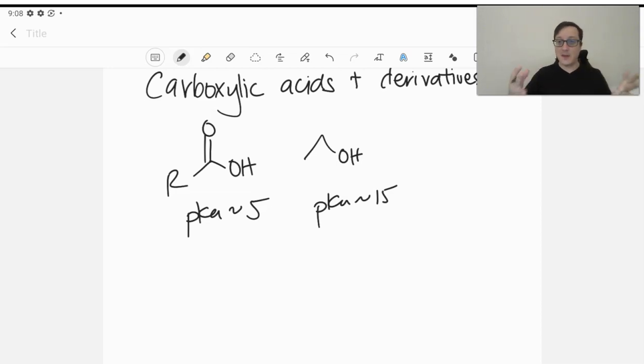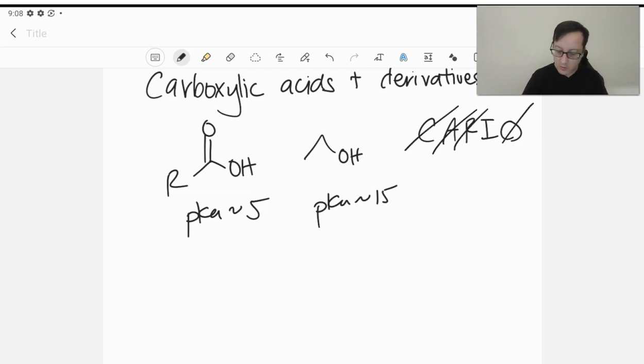And if you remember way back when we talked about ARIO, or we did CARIO. In this case, we're not going to worry about C or A or R or O. When we're comparing carboxylic acids, we can see that there will be pretty strong inductive effects, assuming the resonance is all the same because they're all carboxylic acids.